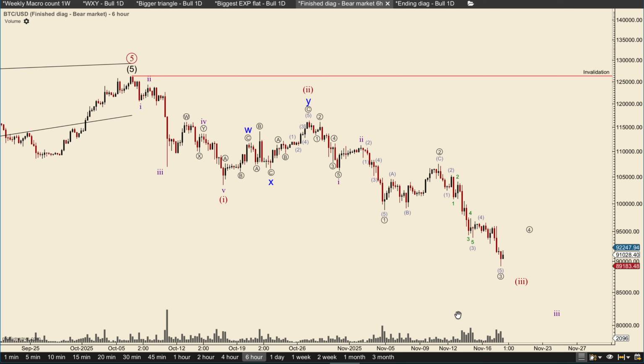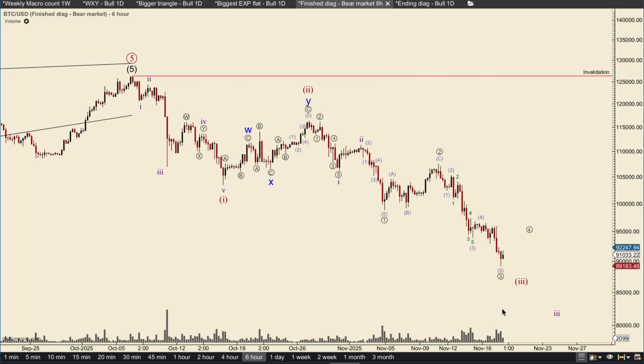Especially after a couple of 1-2s, you don't really want to stack any more 1-2s. I mean, 3, okay, but then you really need an explosive move. So unless you get that, it's not really looking that great for the bears until we get an explosive volume up.